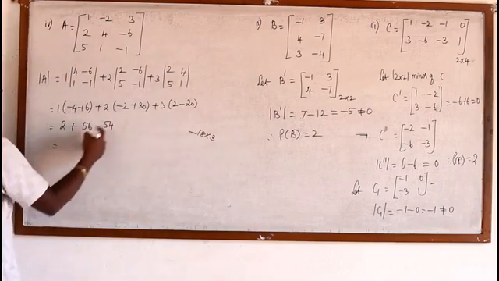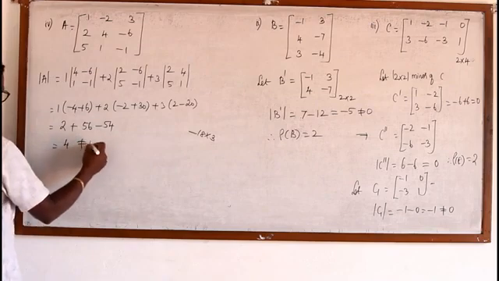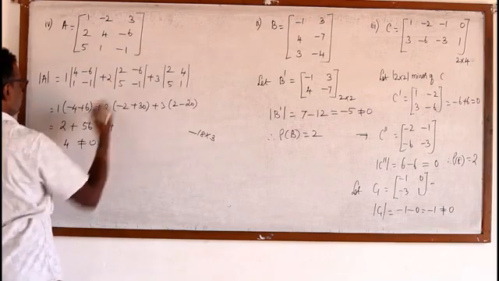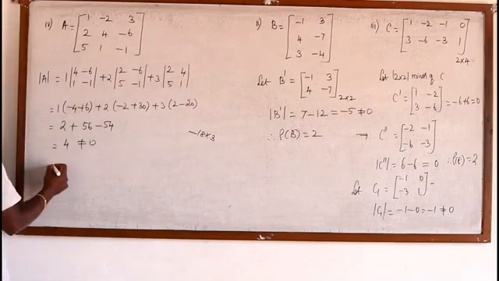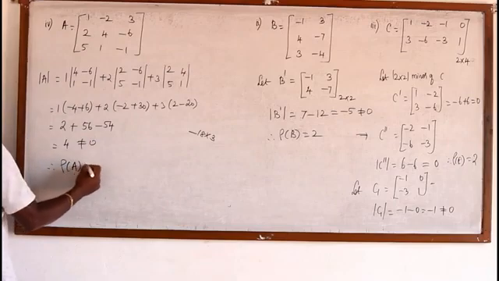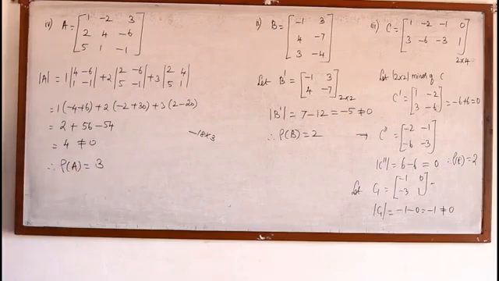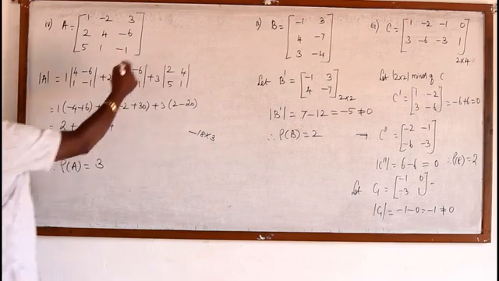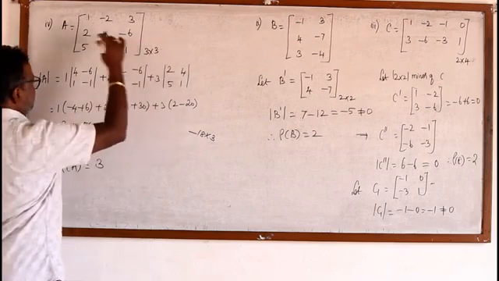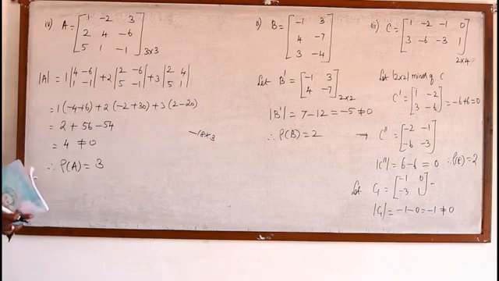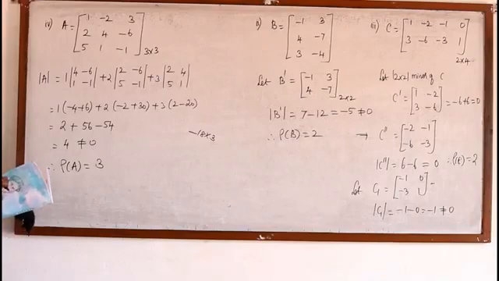So 58 minus 54 is 4, not equal to 0. So the 3 cross 3 determinant is non-zero, therefore rank of A equal to 3. Since it is a 3 cross 3 matrix and its determinant became non-zero, rank of A is 3. That is your fourth problem.